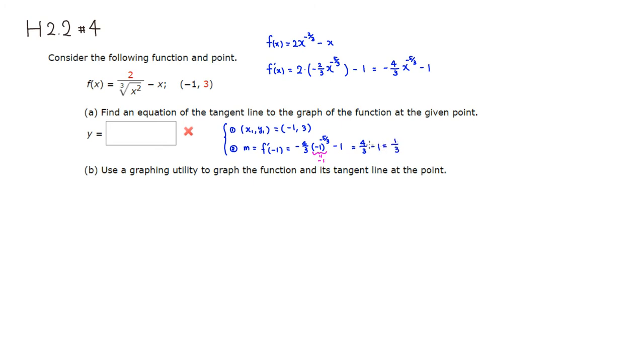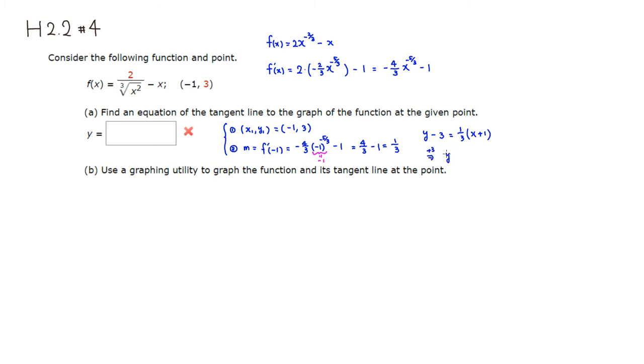Then the equation is going to be y minus y1, which is 3, equal to the slope 1/3 times x minus x1, which is negative 1, so x plus 1. Since we have to write it in y equals form, I'm going to add 3 to both sides.